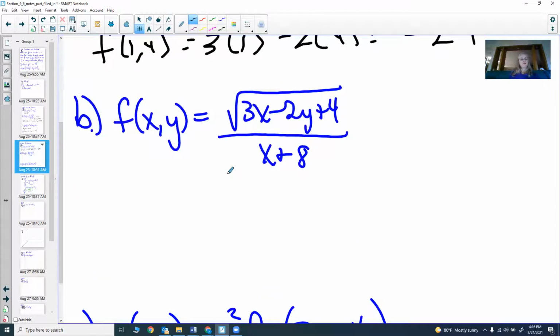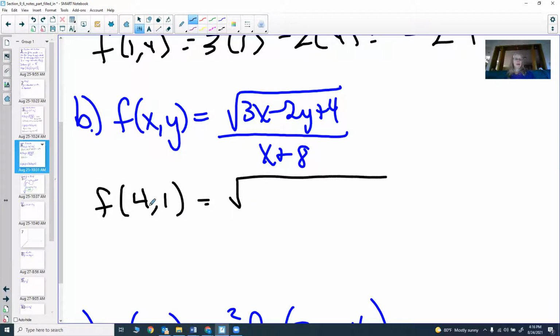Let's try f of x, y equals the square root of 3x minus 2y plus 4, over x plus 8. Let's go ahead and evaluate that function at some point. I'm going to pick a slightly different one. Instead of 1, 4, I'm going to do 4, 1.